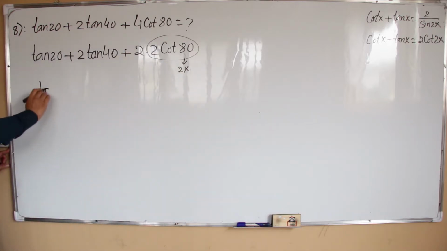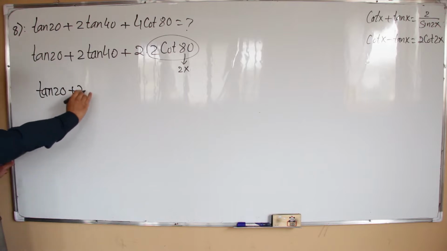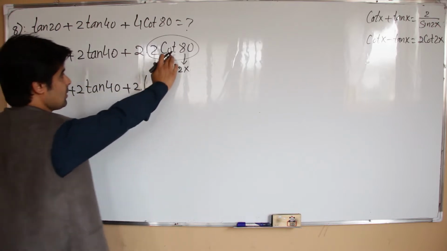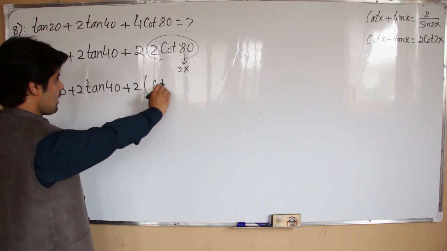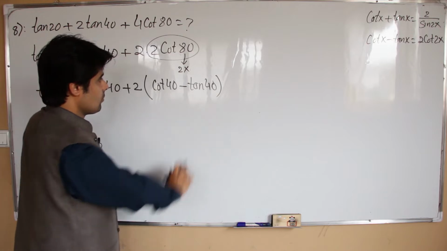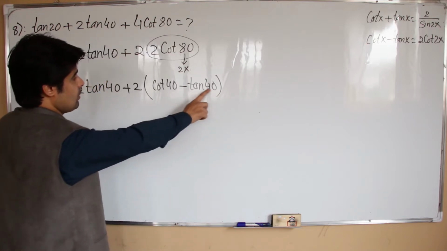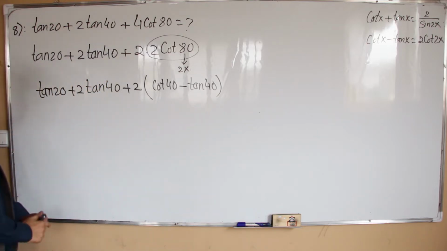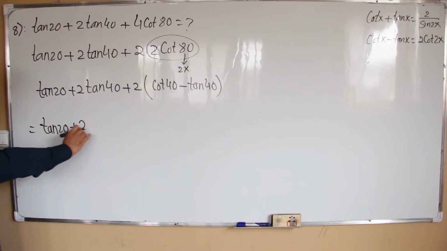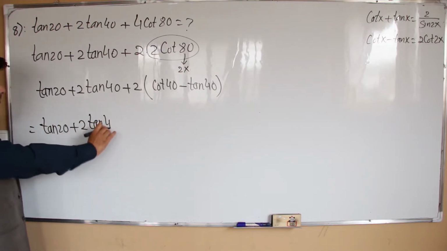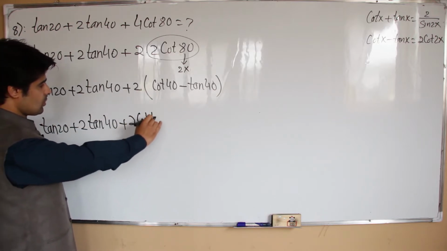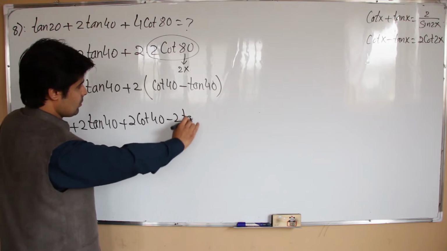What do I mean? Tangent of 20 plus 2 tangent of 40 plus 2 times, instead of this one, cotangent of its half, which is 40, minus tangent of its half, which is 40. And here look, this 40 is the same as this one. So tangent of 20, put this one as it is, 2 tangent of 40 plus 2 times this one, open the bracket, 2 cotangent 40 minus 2 tangent 40.